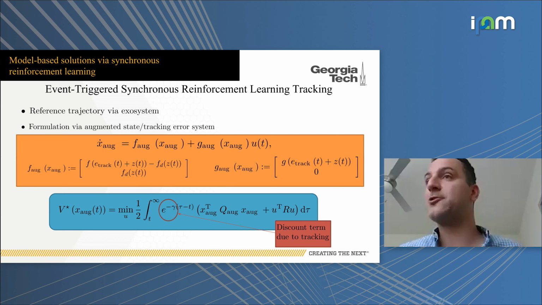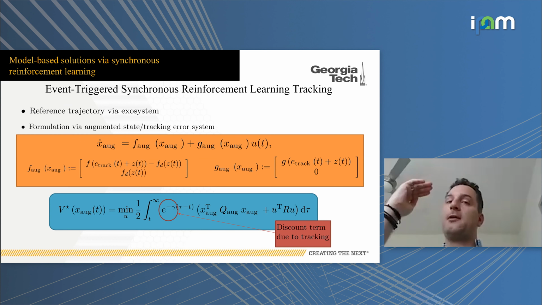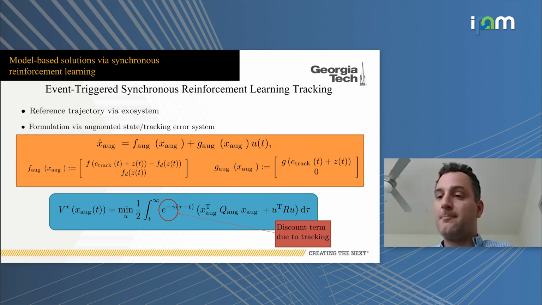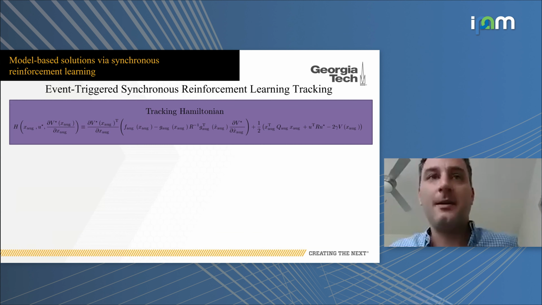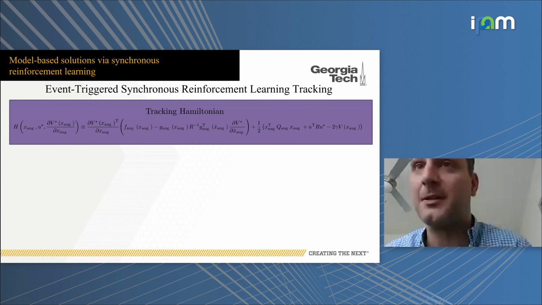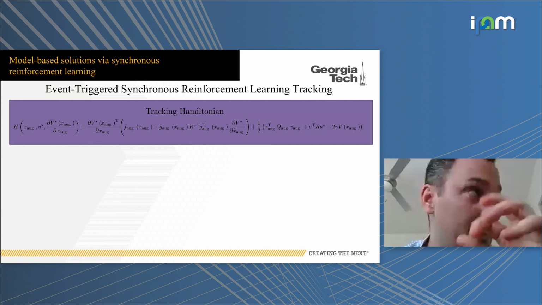So for example, in the X augmented, where the first part is my augmented error and the second one is my exosystem, I will put 1, 0. Now I have another Hamilton-Jacobi-Bellman equation, which has some extra terms because I have an exponentially decreasing cost.